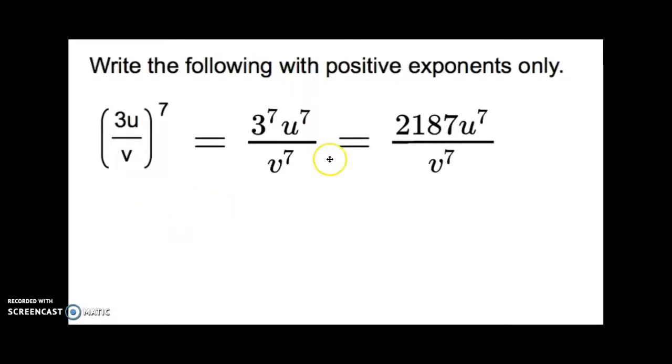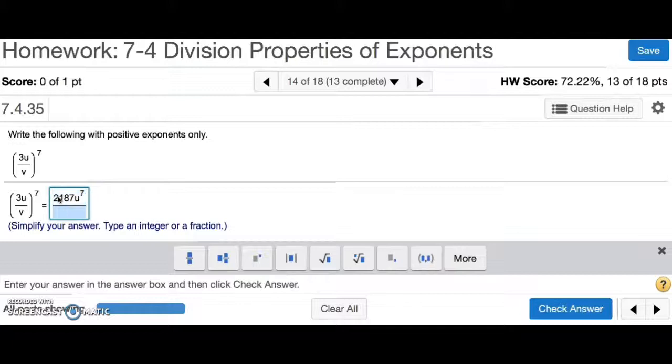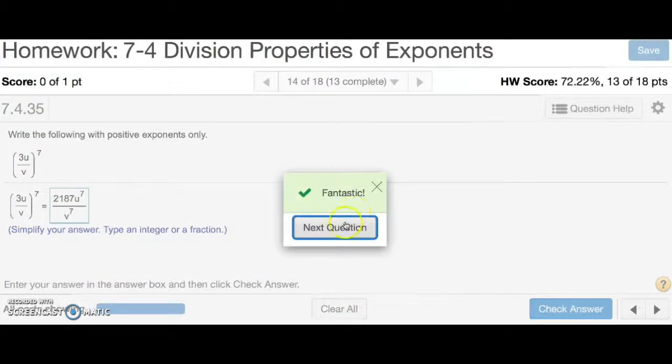So my answer is going to be 2,187 u to the 7th over v to the 7th. So let's type that in. So I'm typing in 2,187 u to the 7th power all over v to the 7th. And that's number 14.